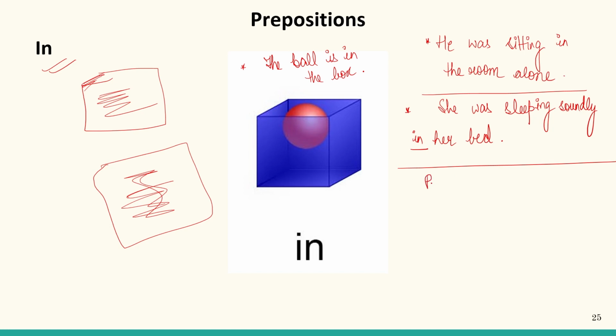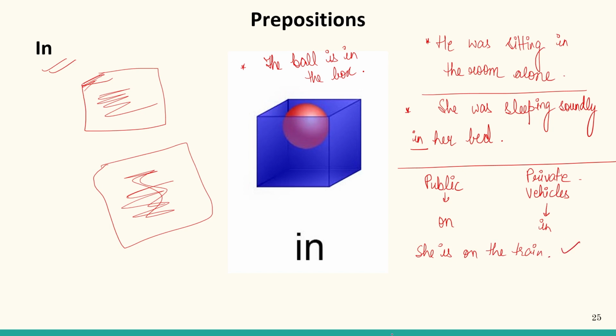One more thing, if we talk about means of transportation, there are two cases. First, we have public transport, or we have private transport. For private vehicles, we use in. And for public vehicles, we use on. For example, if I say that she is on the train, the sentence is correct.